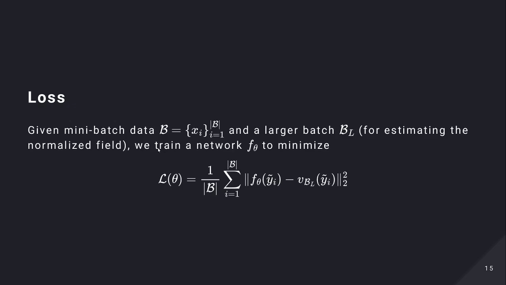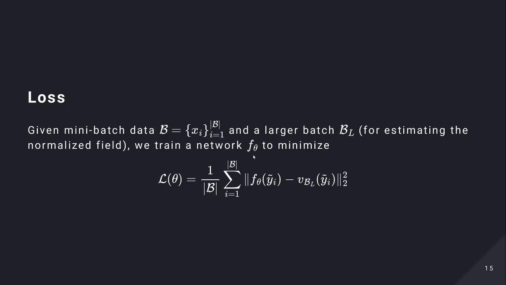Okay, we know how to estimate the field, we know how to get training samples. So to compute the loss, we take a mini batch B that we will evaluate the vector field on, to get training samples, and we also take a larger batch for estimating the normalized field.